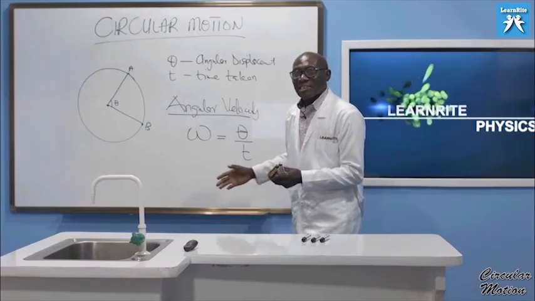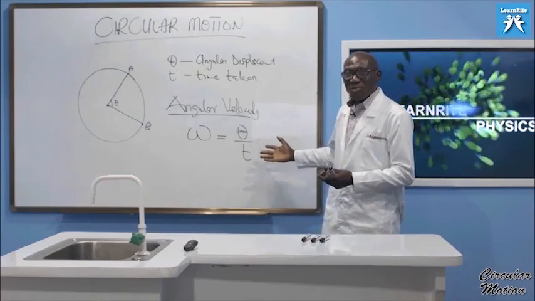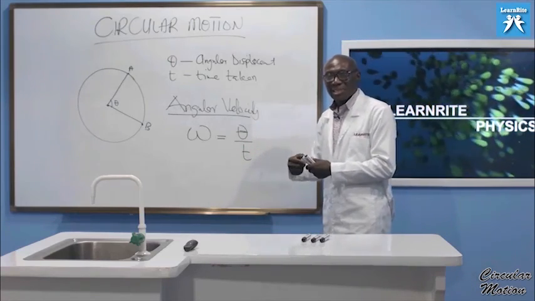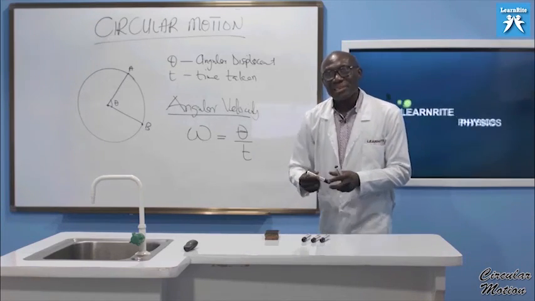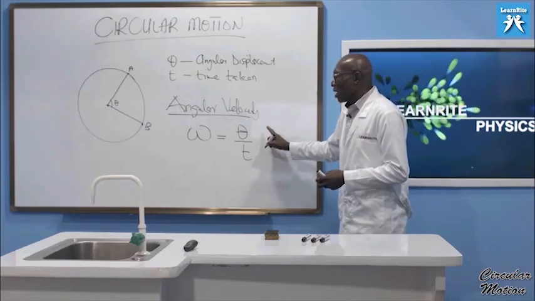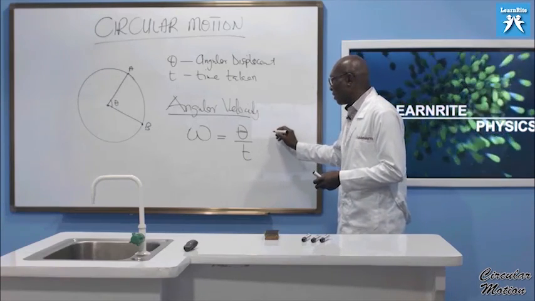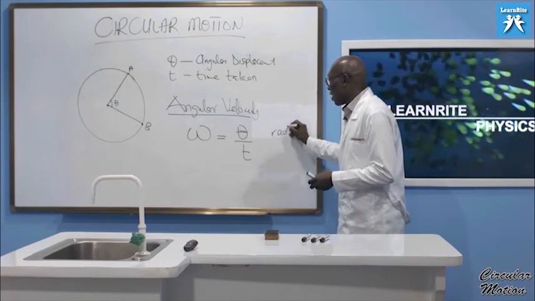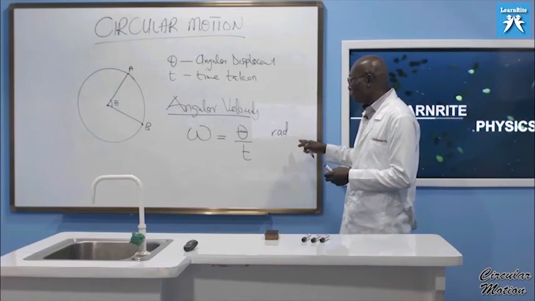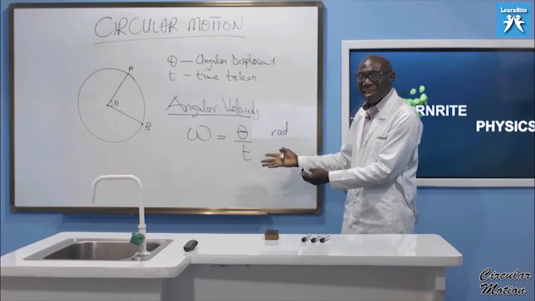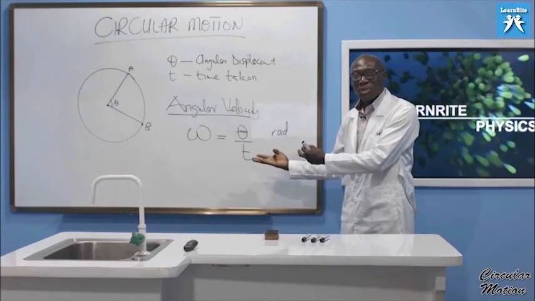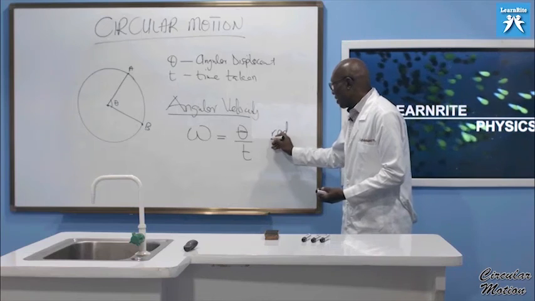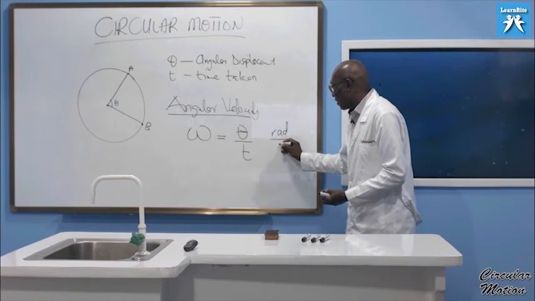Now, looking at the mathematical expression for angular velocity, we want to look at the SI unit. You remember we said angular displacement has the SI unit as radian. So I'm going to write the units as they appear in the equation, and I will divide it by the unit of time, which is seconds.